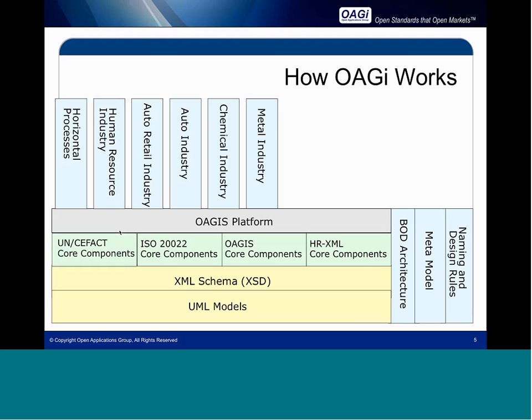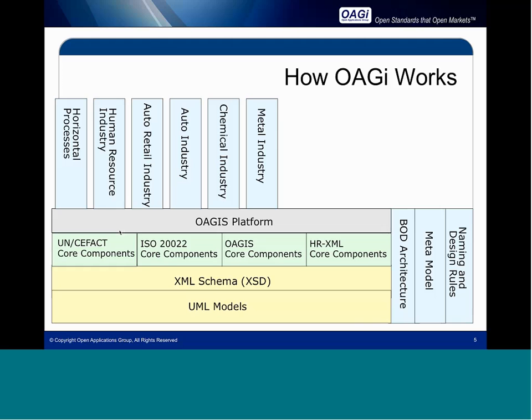And on top of this, we have the OAGis platform. The OAGis platform is kind of the building blocks for how industries would take OAGis and implement OAGis. And so that provides all the tools. All the stuff below the OAGis platform and those things to the side all serve to produce something we call the OAGis platform.